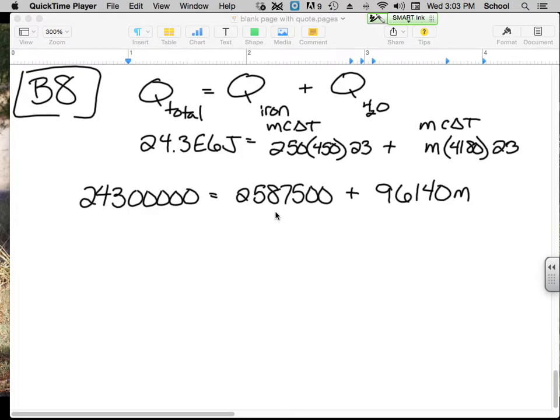So to get the 96,140 by itself, I have to get rid of this. The opposite of that is that.